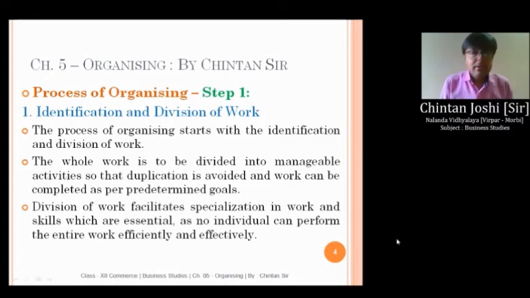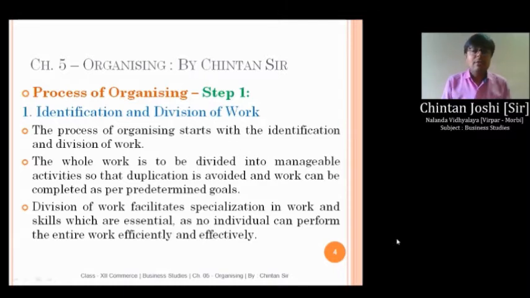Next, division of work facilitates specialization in work and skills which are essential, as no individual can perform the entire work efficiently and effectively. We are well aware that the production manager can handle the production department. If we move the production manager to the sales counter, he might not perform as well as he can in the production house.